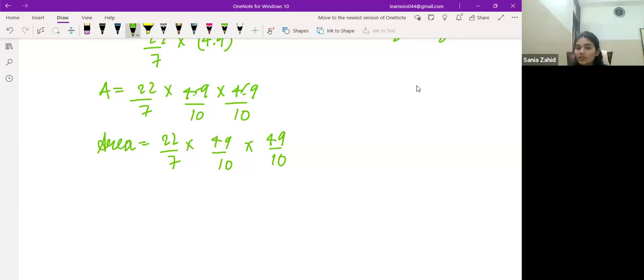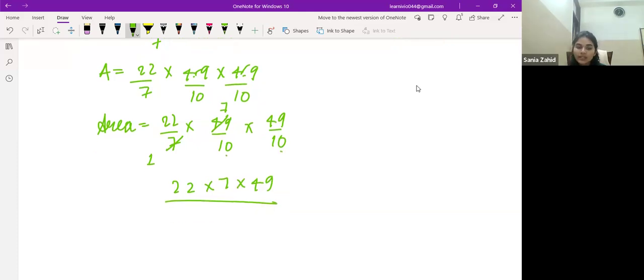Now what you can do is just cancel. 7 into 1 is 7 and 7 into 7 is 49. So you get 22 into 7 into 49 divided by, what is 10 into 10? 100. So you get 22 into 49 into 7 is 343 by 100.